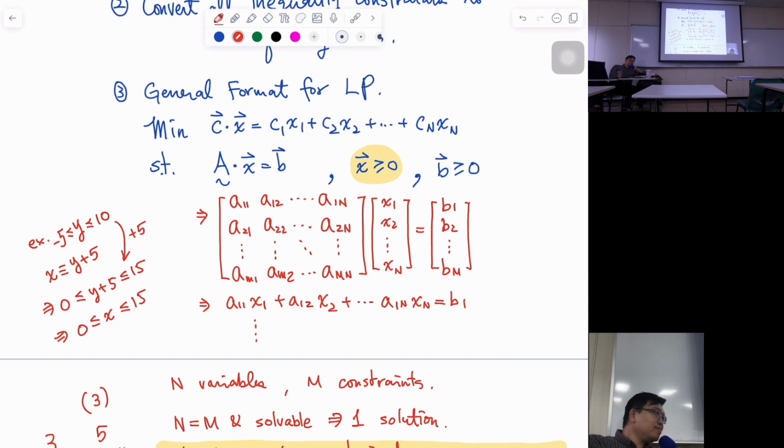Or you can separate the design space. You can cut the design space into half. Solve for the positive side and then solve for the negative side.